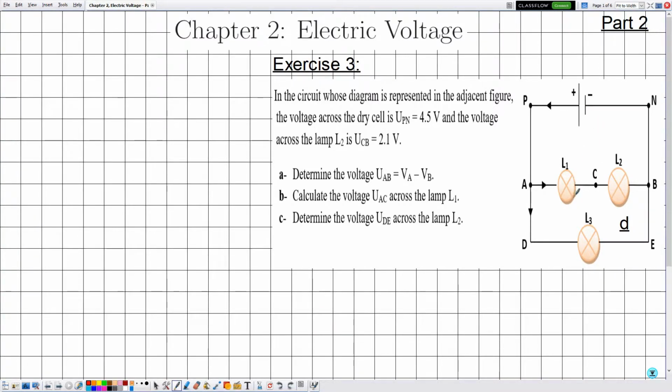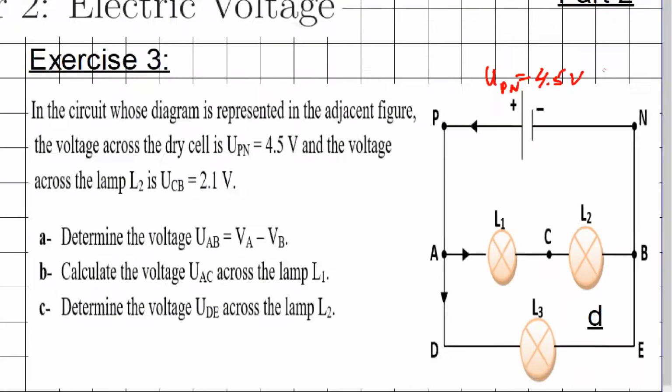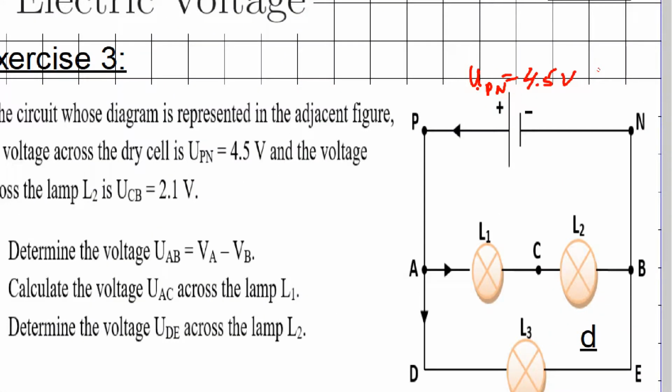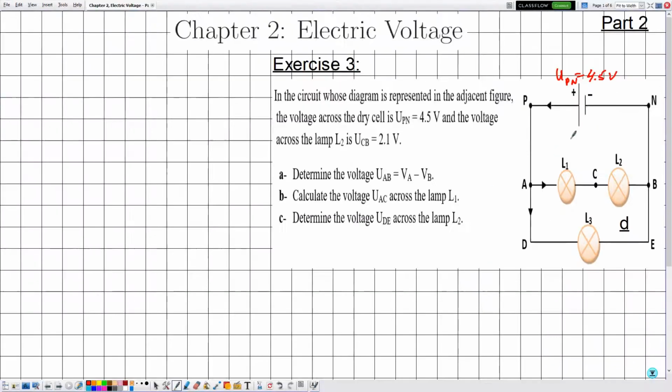As we know, the trick in solving such type of exercises is to label on the diagram the given voltage. So UPN is equal to 4.5 volts. It is important that in addition to the value of the voltage, we give the name on the diagram.